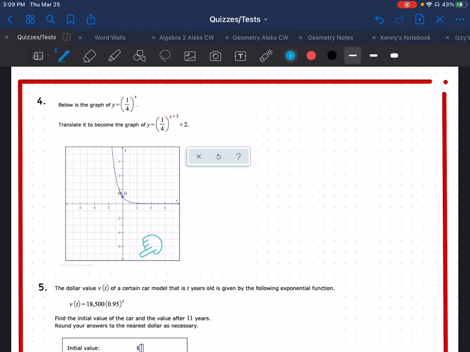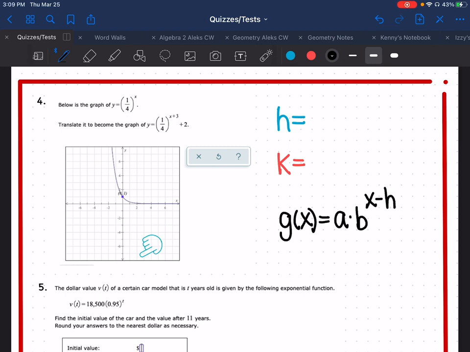So you're going to identify your H value and you're going to identify your K value. Now remember, when you have an exponential function, it is in this form. This was the main form of my exponential function. And the only letters that you are looking at are H and K, and this is exactly where they should be.